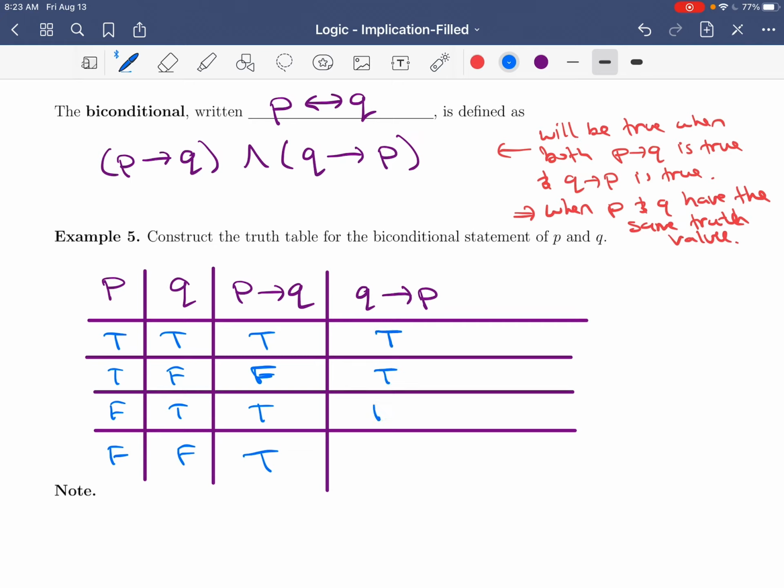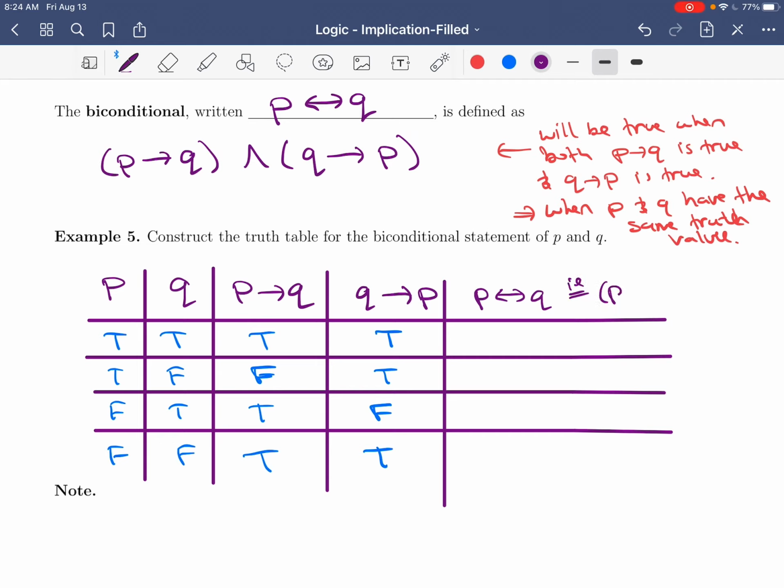This one is only false in row 3, when Q is true but P is false. Then if we AND them together, which is the same as the biconditional, P if and only if Q, I'm just going to write P implies Q and Q implies P. So this is going to be true when both of those are true.